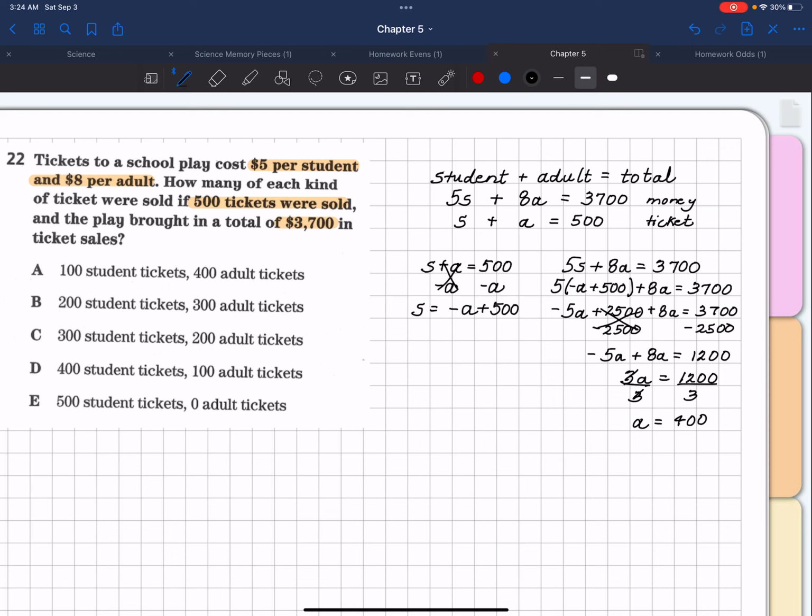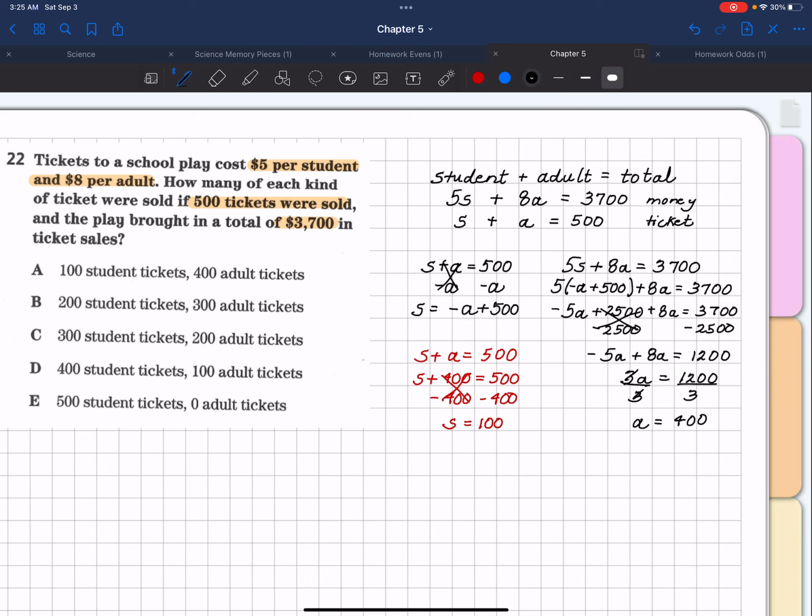All right, and then you can substitute that back into the other equation. I'm going to use this one. So we have students plus the adults that we just talked about are 500. So the students would have to be 100. So S is 100, A is 400. So I'm liking answer A for this one.